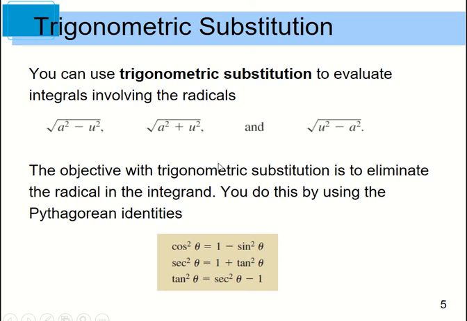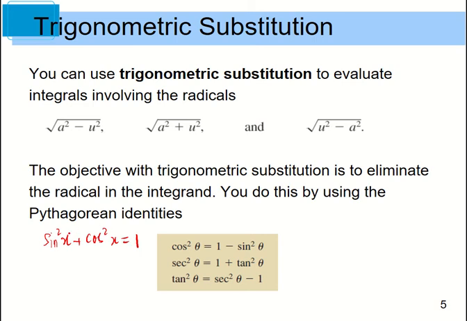Trigonometric substitution works by combining trigonometric identities. We learned this before: sine square x plus cos square x is equal to 1. This is the trigonometric identity.